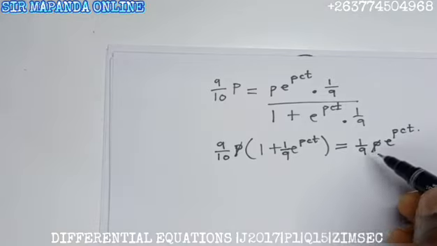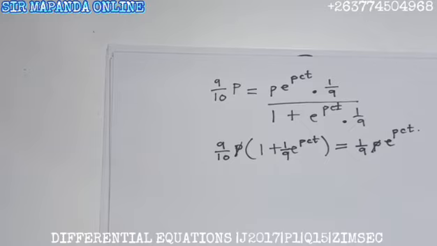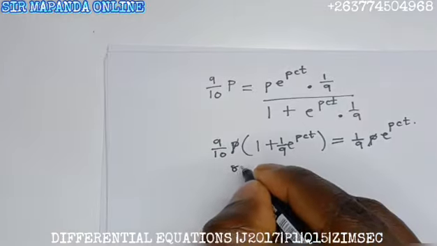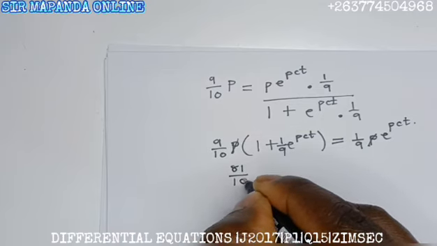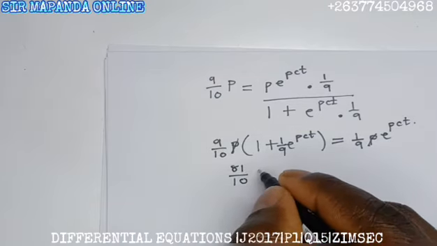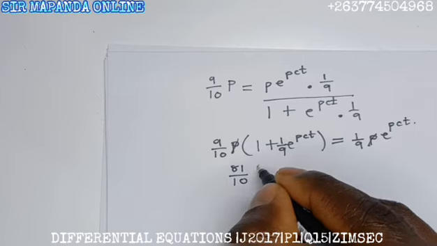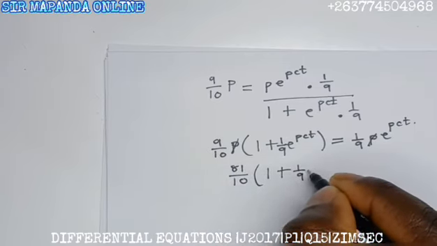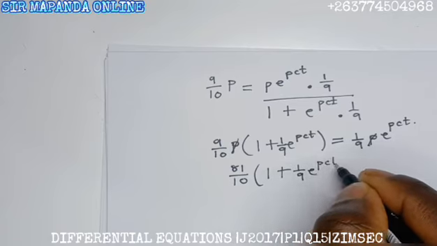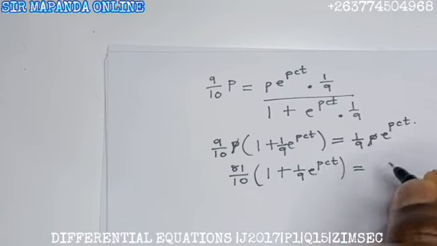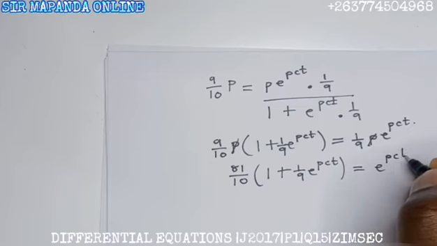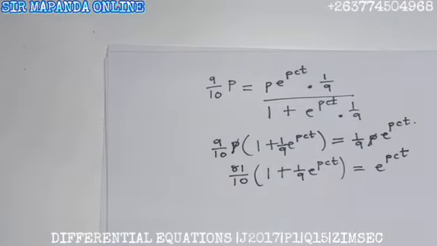Then divide both sides by 1 over 9. You get 81 over 10 open bracket 1 plus 1 over 9 e to the power of PCT is equal to e to the power of PCT, something like this, after dividing both sides by 9.